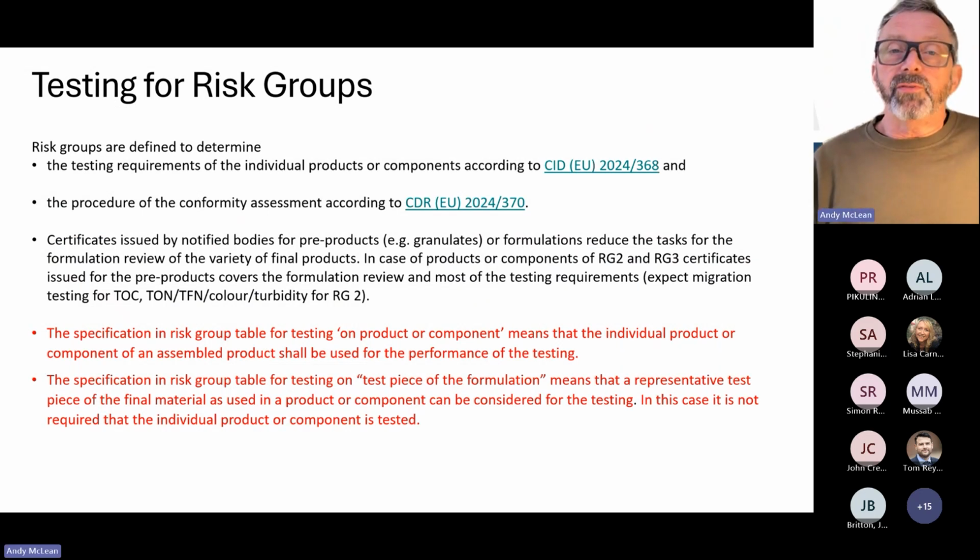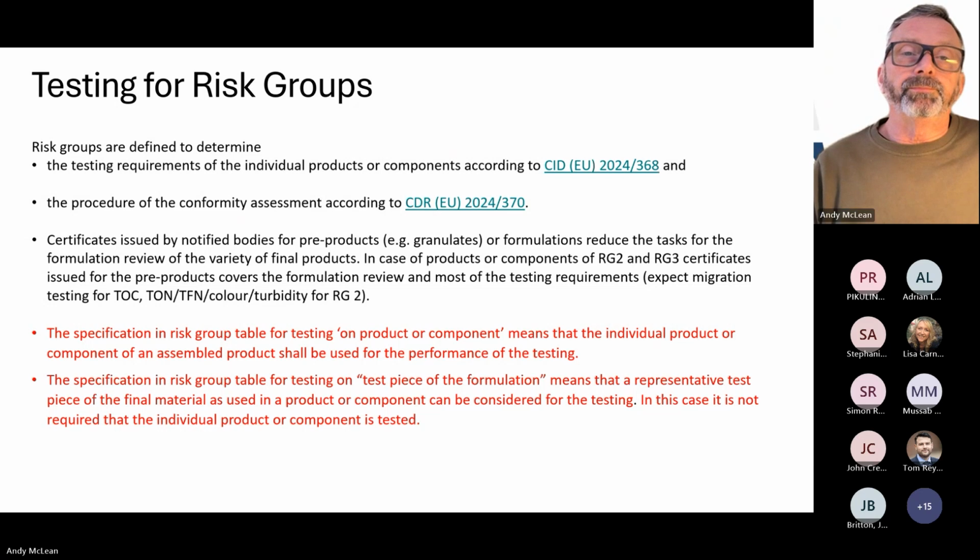So once you've defined your risk group, the relevant regulations are 368 and 370, as we discussed earlier. And the certificates will be issued by the notified bodies.